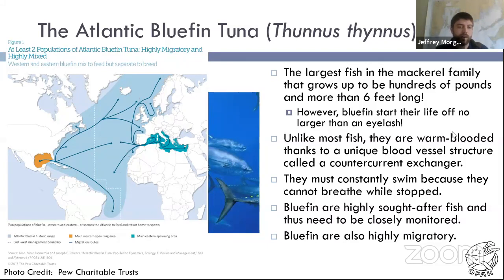But you can see that they are traveling all around the Atlantic Ocean, which makes it harder to say exactly which nation the species falls into and whose quotas are protecting them. So we can definitely do better in protecting this species. And we're going to learn a little bit more about them at the end of the presentation when we talk about our fish prints.